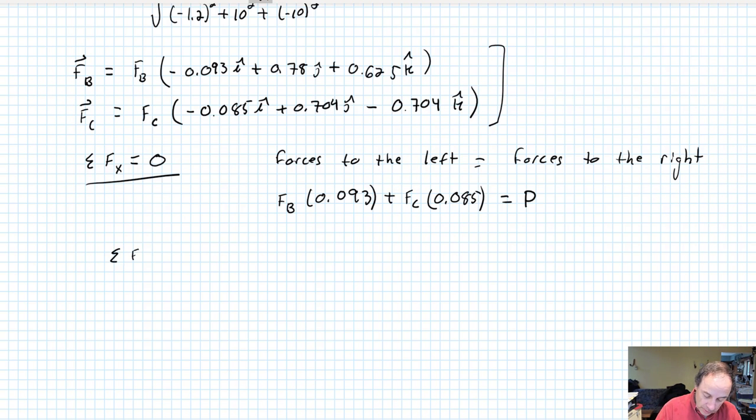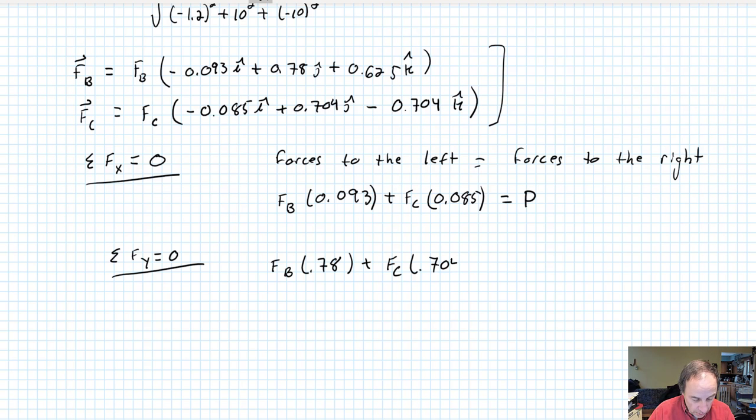Sum the forces in the y. So we're going to have FB times 0.78 plus FC times 0.704 equals 200 times 9.81.